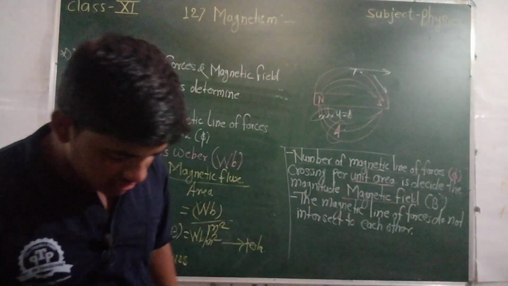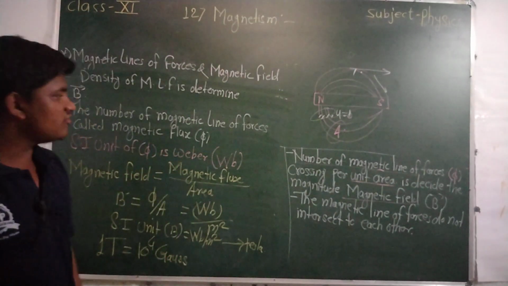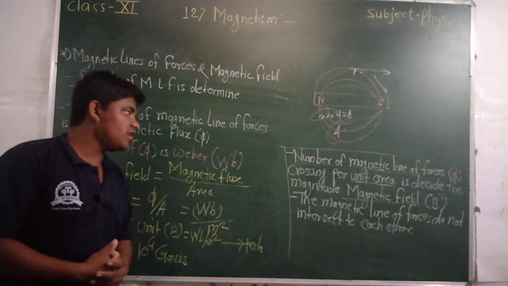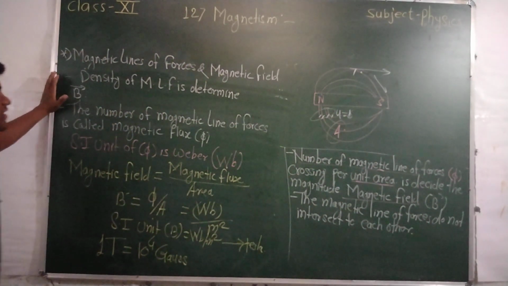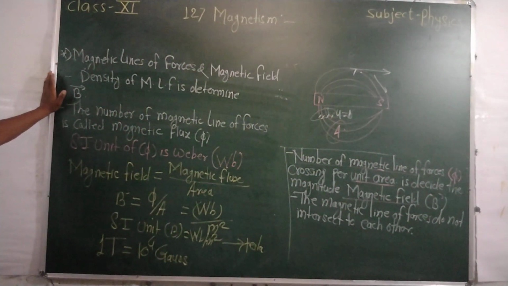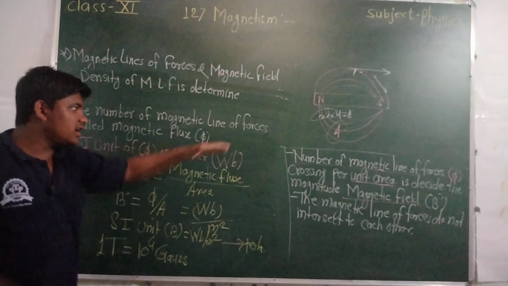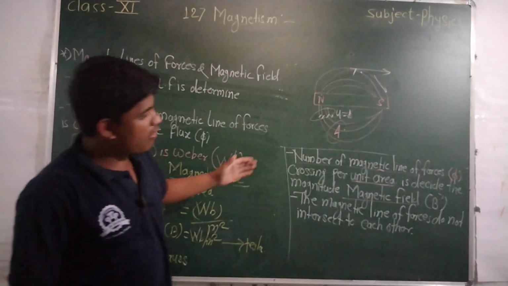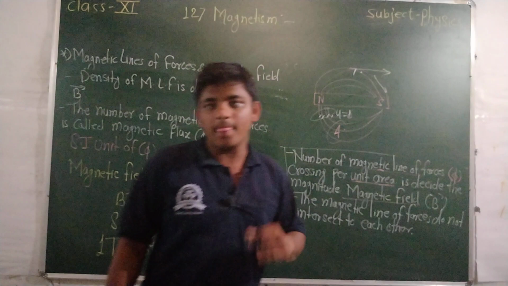These are some properties of the magnetic lines of force. The density of the magnetic lines of force determines the magnetic field. The number of lines of force is called magnetic flux.